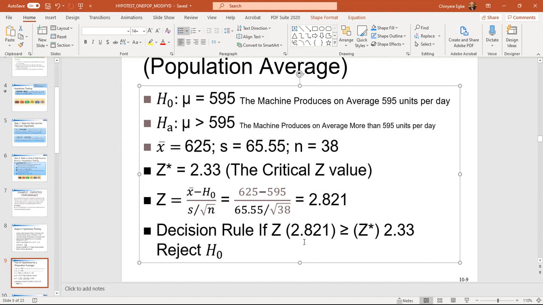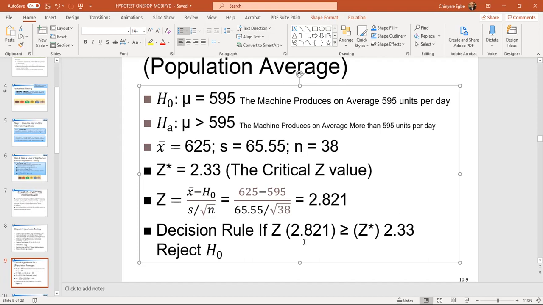We have set a decision rule that if Z is greater than Z star, we reject the null hypothesis. We calculated Z to be 2.821. What is your decision? Do you reject it or not? You reject it, so you reject the null hypothesis, am I correct?